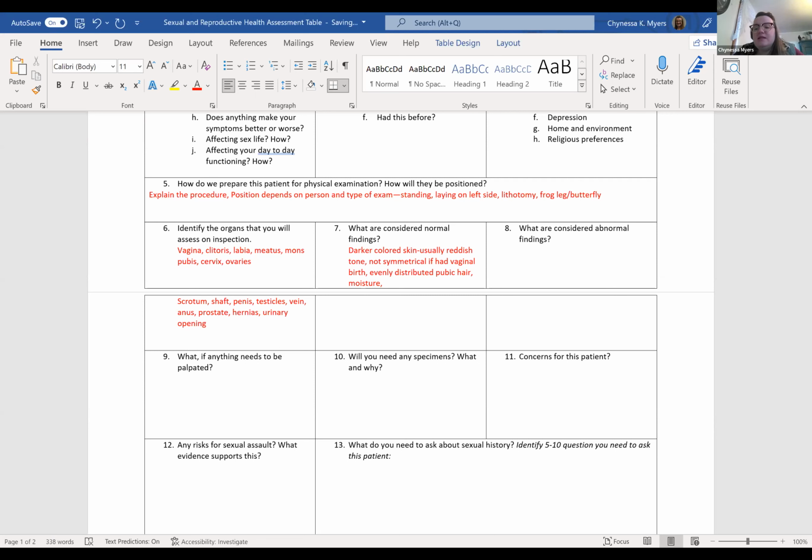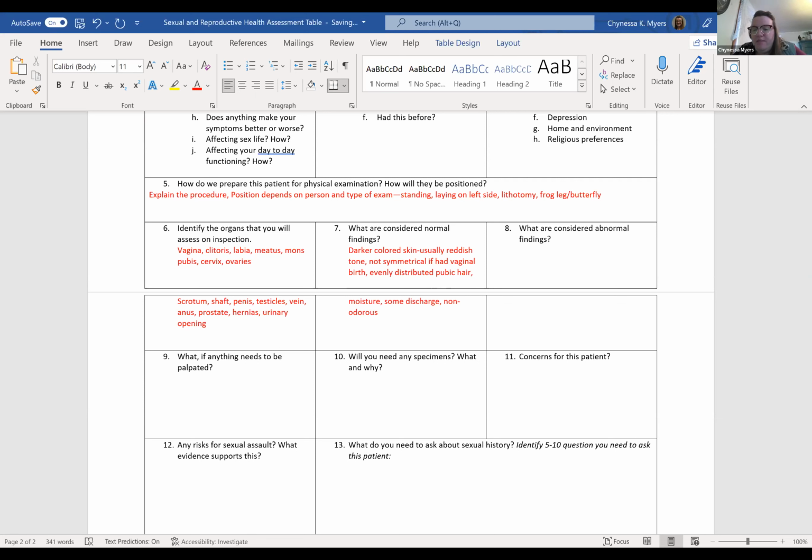Like we kind of talked about earlier, some vaginal discharge or even a little bit of urethral discharge is probably going to be normal depending on the person. So if we find discharge and moisture, that's not necessarily an abnormal finding. What's going to be abnormal is the color, right? Yeah, or if there's an odor. Yes, odor. Non-odorous. Okay.